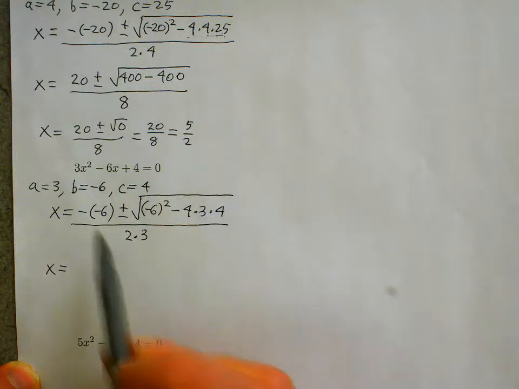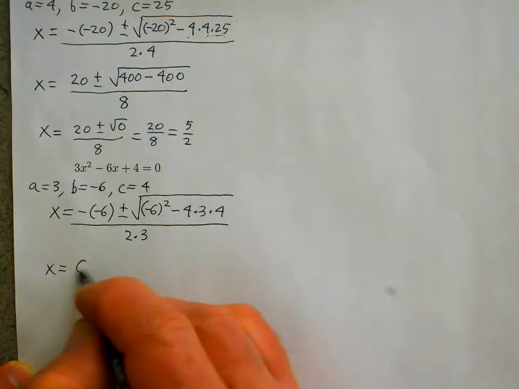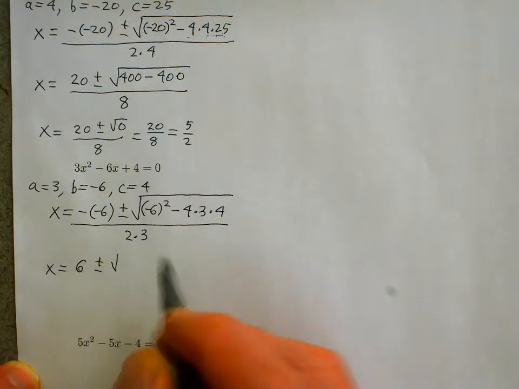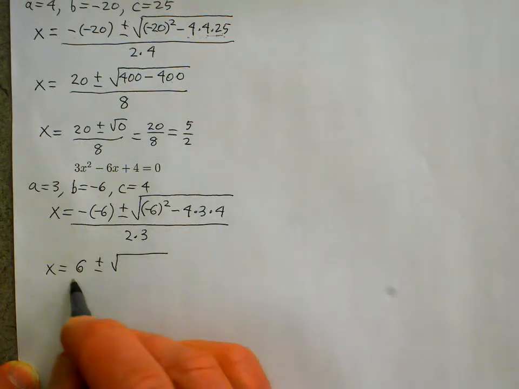Then the arithmetic, the negative of negative 6 is 6, plus and minus the square root of a number, all divided by 6.